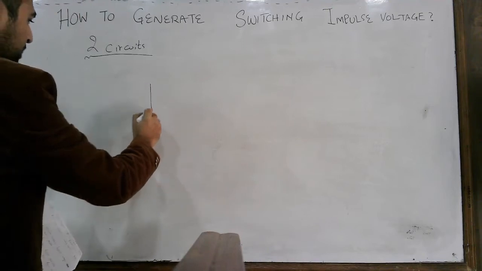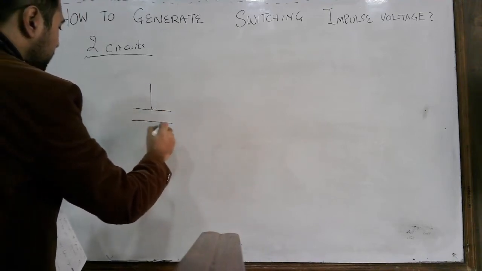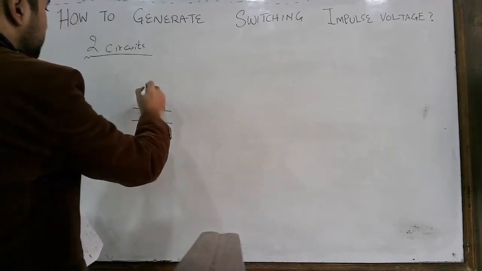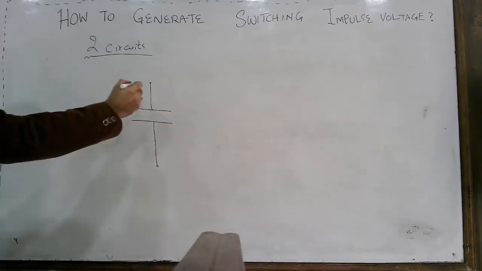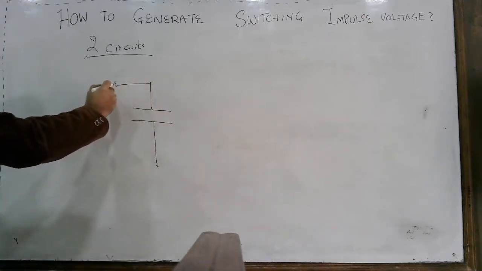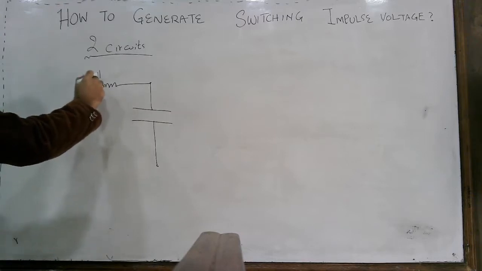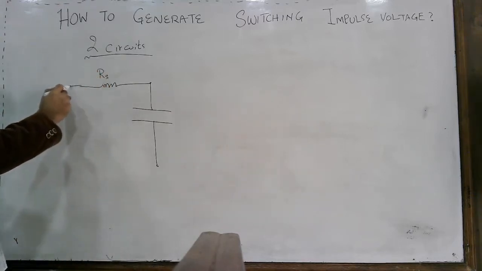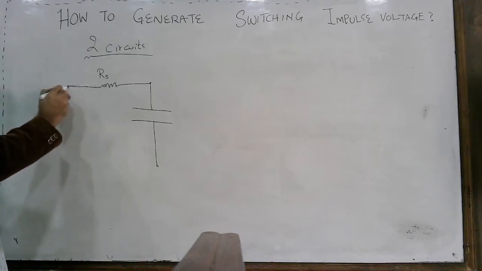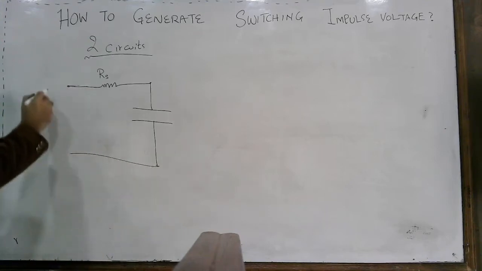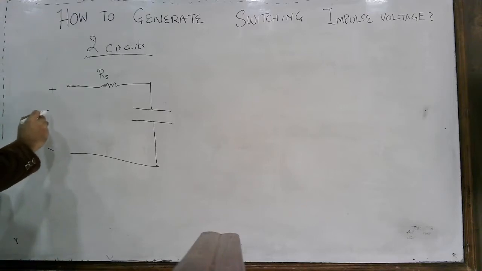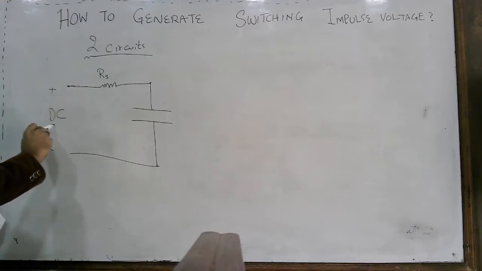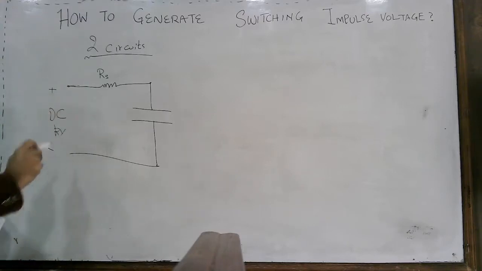It comprises a capacitor which is going to charge, and obviously there will be a charging resistance in series with that capacitor, and here we have a DC voltage, in kilovolts.